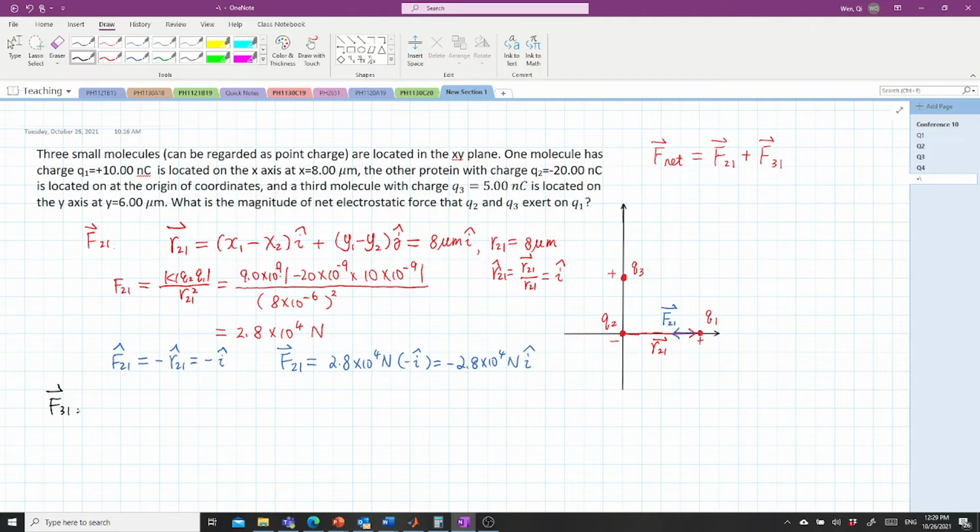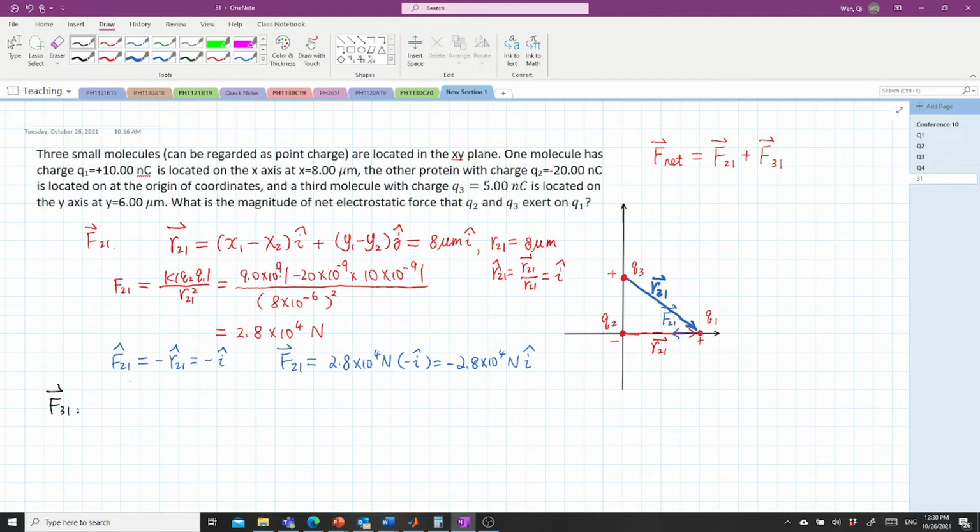First of all, we need to find the vector that starts from the location of Q3 and ends at the location of Q1. Let's draw that in a different color, from here to there. This will be the R31 vector.